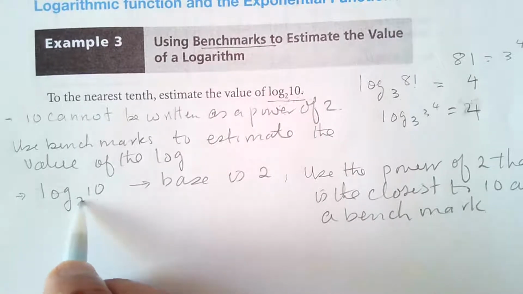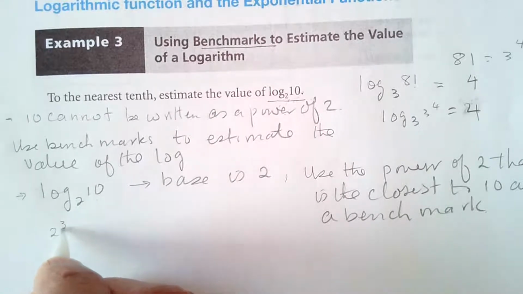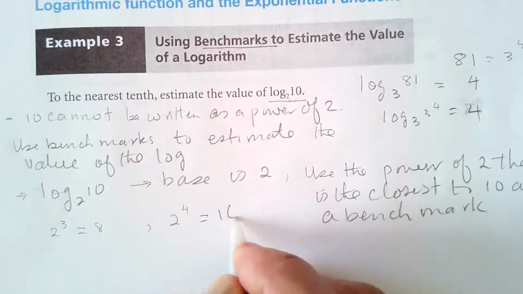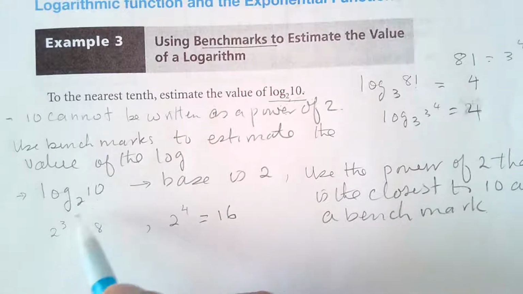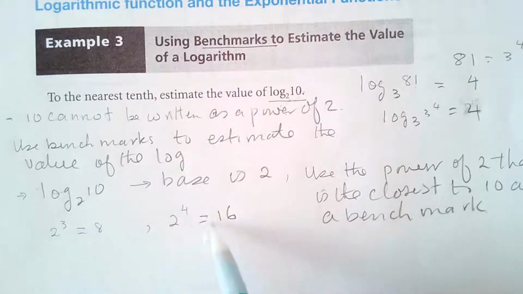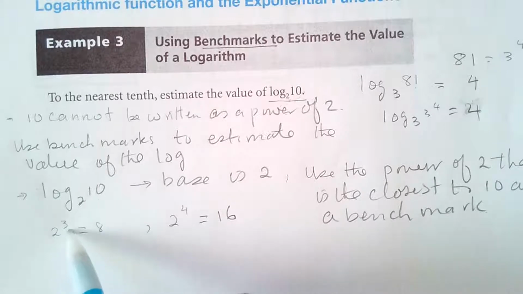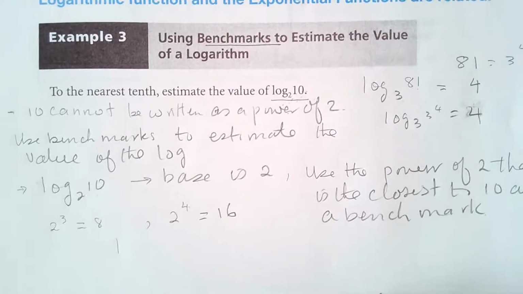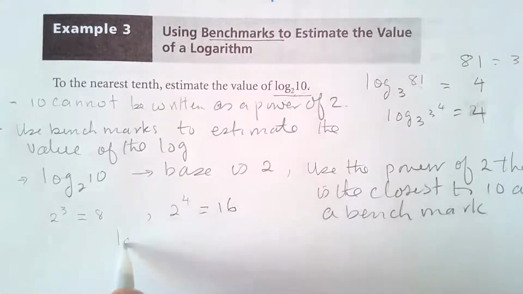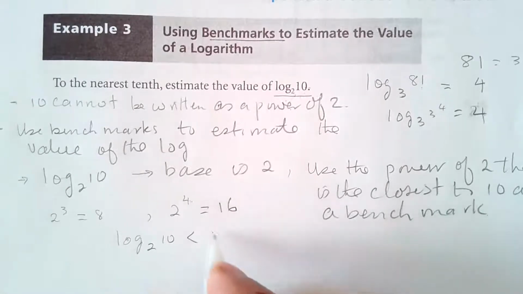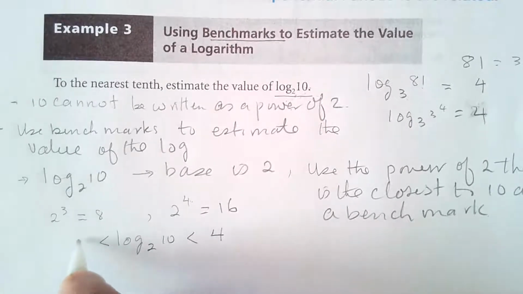We know that 2 to the power 3 is 8, and 2 to the power 4 is 16. So we can conclude that log base 2 of 10 is between log base 2 of 8, which is 3, and log base 2 of 16, which is 4.